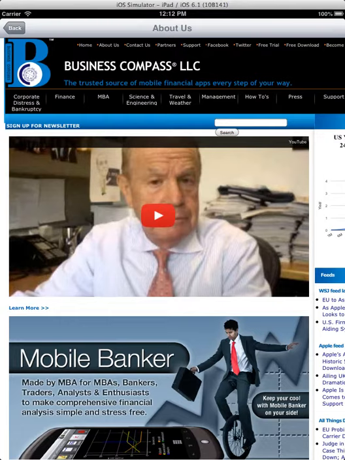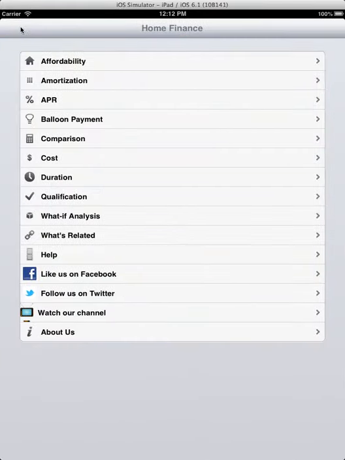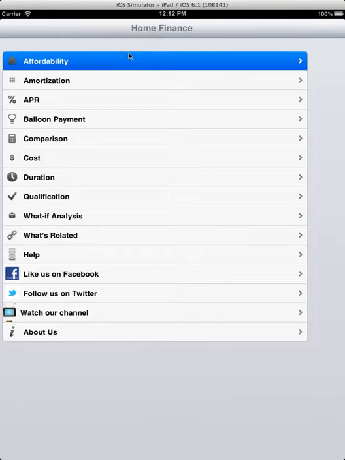This application is also available on Android and BlackBerry platforms, and it is a comprehensive application useful to home buyers, sellers, and real estate agents to perform a number of calculations, as well as to analyze affordability, amortization, percentage APR, balloon payment, compare loans, calculate closing cost, calculate durations, find out how much the home owner would qualify for, and perform what-if analysis.